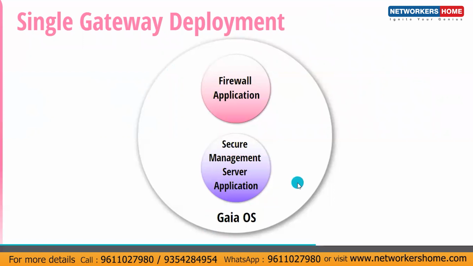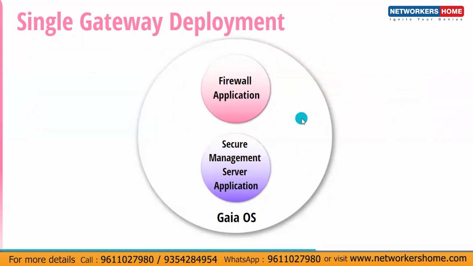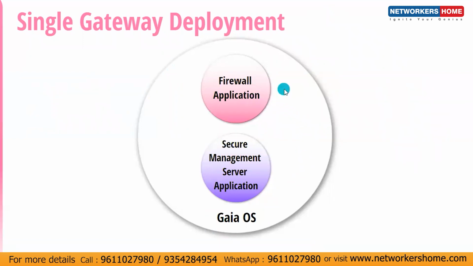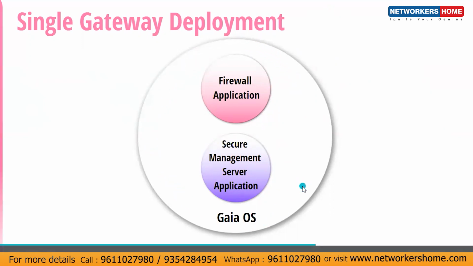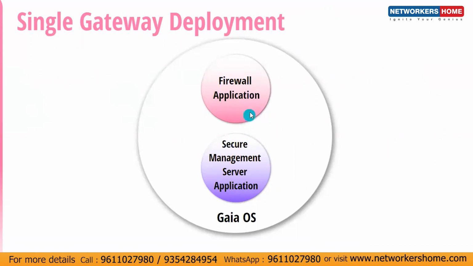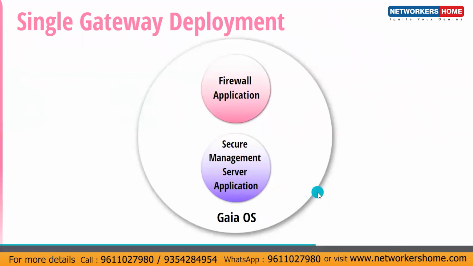And in the second phase of installation, we are going to see how to install the firewall application on top of the Gaia, and also the SMS, that's your secure management server application on top of Gaia. So basically under the single operating system, under the single virtual machine, we'll be having two different applications running over the Gaia.